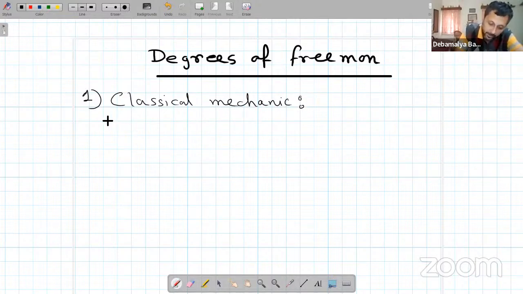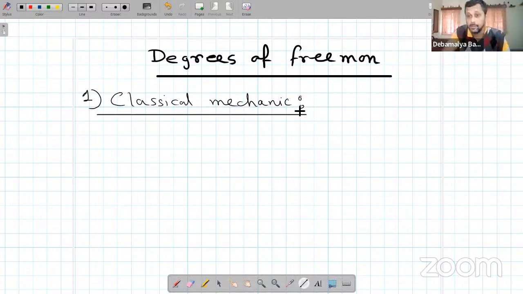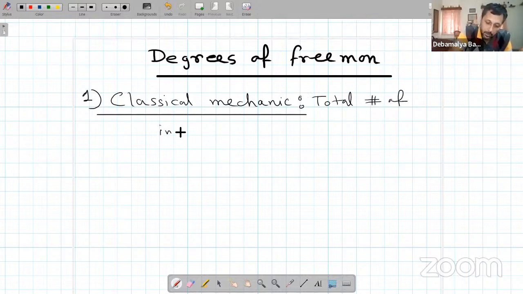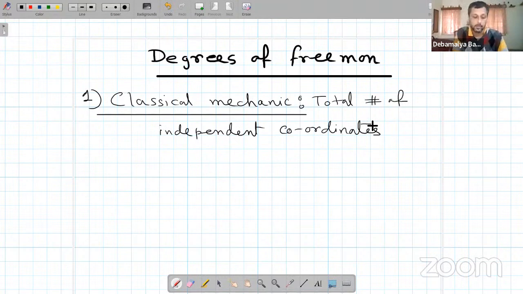Yeah, I must agree that when I taught this classical mechanics course, that never occurred to my mind, because at that time I was not very familiar with the equipartition theorem. So in classical mechanics, when we talk about degrees of freedom, it is the total number of independent coordinates, right?